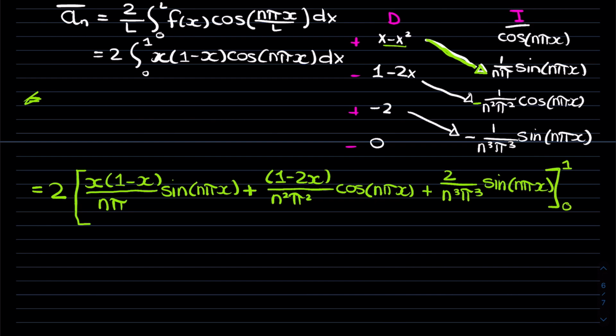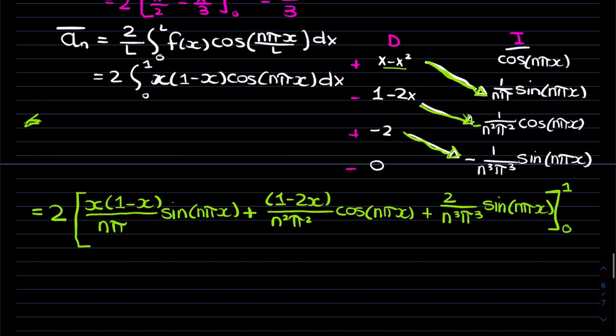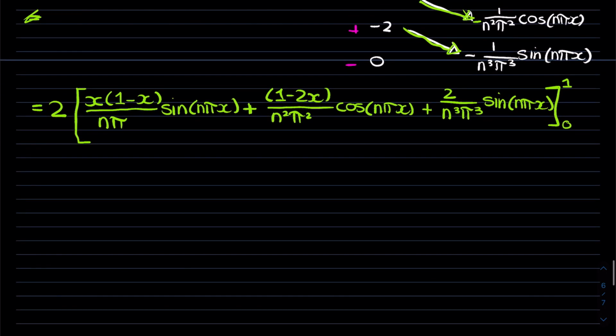So what I've done is multiplied these, and then I've added those three terms together. So that is equal to this here. All right, so now I just need to simplify and hope I don't make any mistakes.